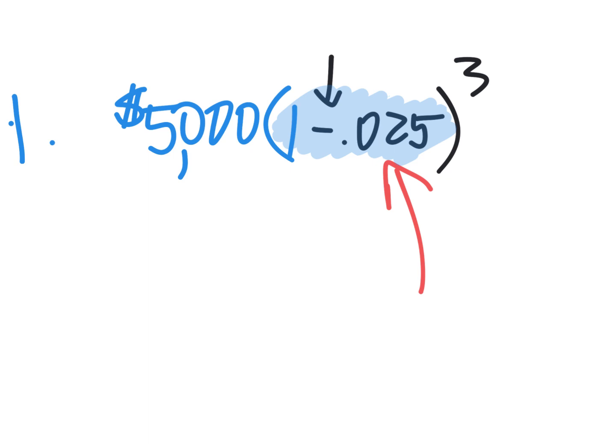The common ratio was the 1 minus the 0.025, which would be 0.975. That's what you get when you subtract those. That's called the common ratio. I keep saying that word over and over so that when you see it on a test someday, you won't freak out. That part I shaded in, that's the common ratio. Okay? All right. You've got homework, you got an answer key, and that's all I got for the video for today.